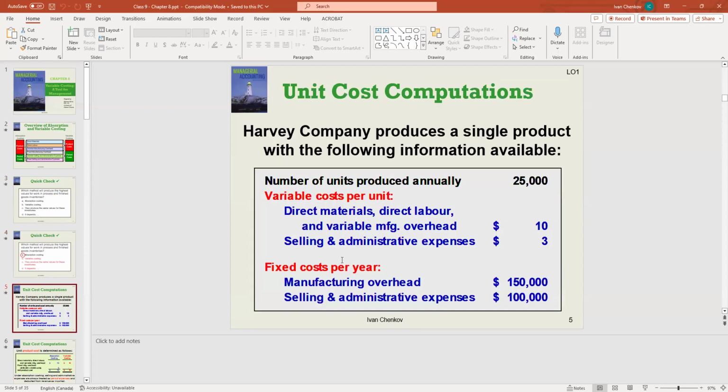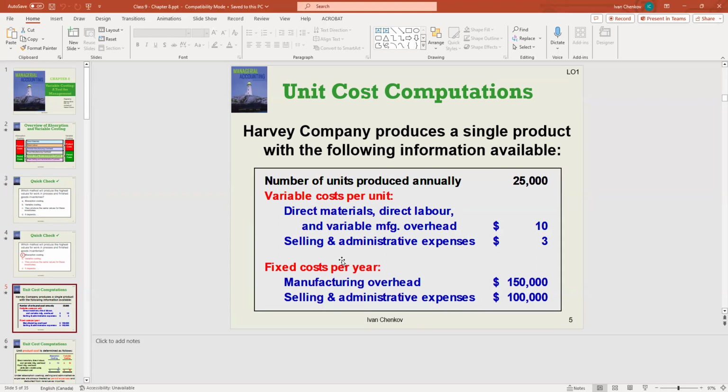So let's see an example. This company is producing a single product with the following information available. They produce 25,000 products annually. Direct material, direct labor, variable manufacturing overhead, all three are $10.